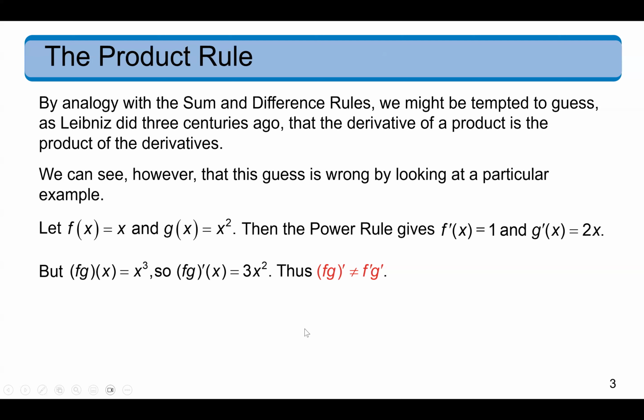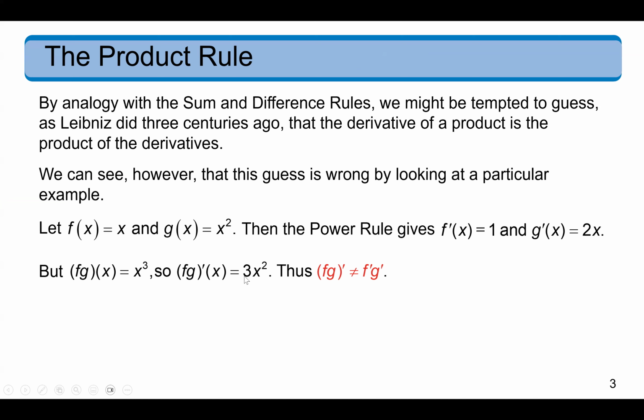The reason why we can see here, if we say f of x equal to x and g of x equal to x squared, then the power rule gives the derivative of f of x to be 1 and also g prime of x to be 2x. Now, if I have f times g of x, it means x times x squared will give me x cubed.